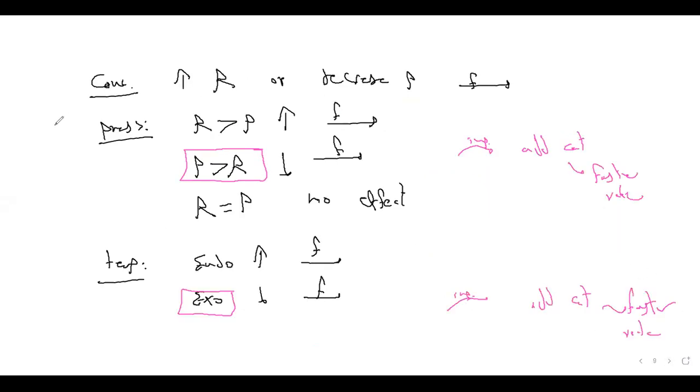So how to obtain more yield? In concentration, increase reactant or decrease product. In pressure, if you have reactants greater than product, increase. If you have product greater than reactant, decrease. This is to obtain more yield.